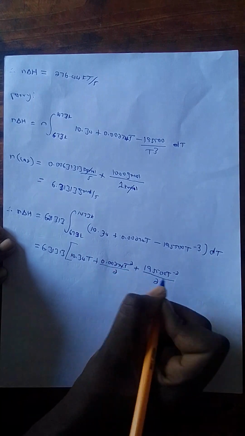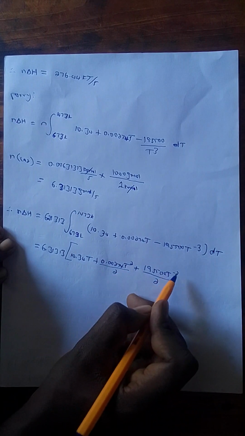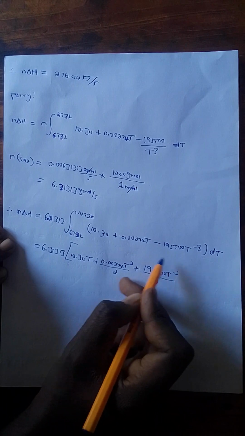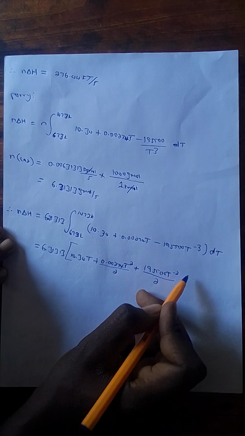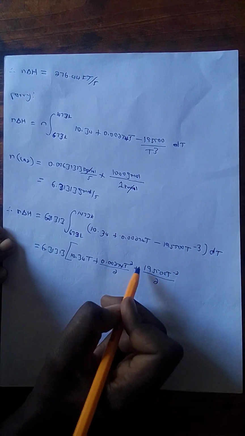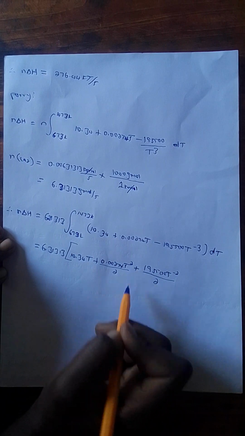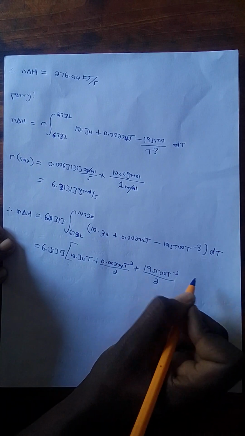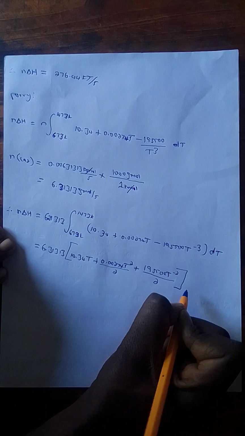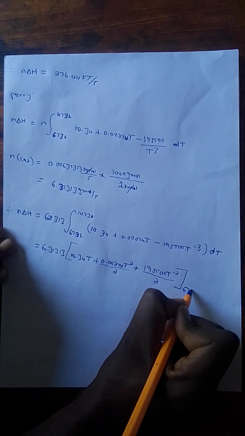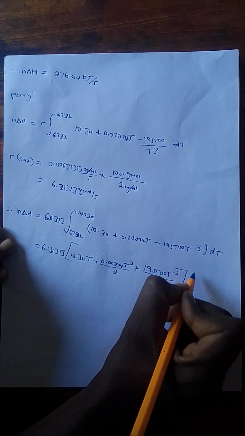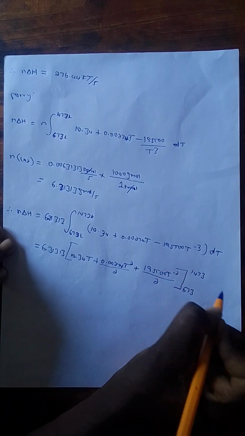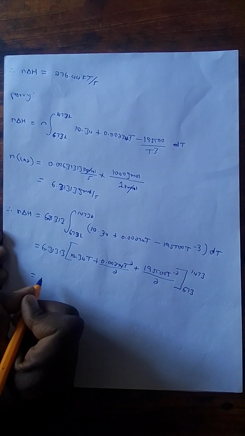No, this is actually a positive here, because when you integrate, you have minus 2 here, and then minus 1 is going to be minus 3. So the 2 and 2 cancel, and you're left with the negative, right? And then we integrate from 673 to 1473.